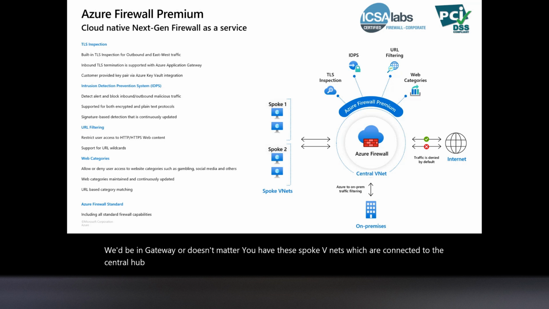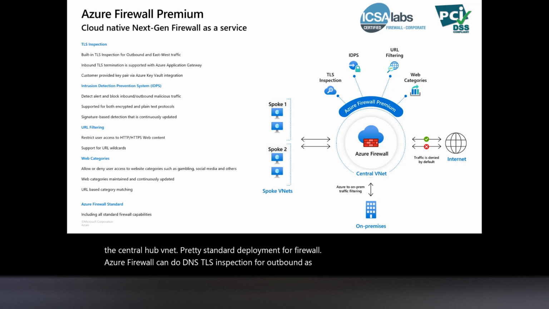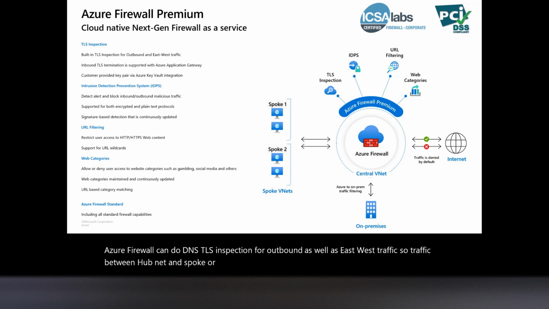Pretty standard deployment for a firewall. Azure Firewall can do TLS inspection for outbound as well as east-west traffic. So traffic between hub VNet and spoke, or spoke and hub, on-prem to central, and vice versa.